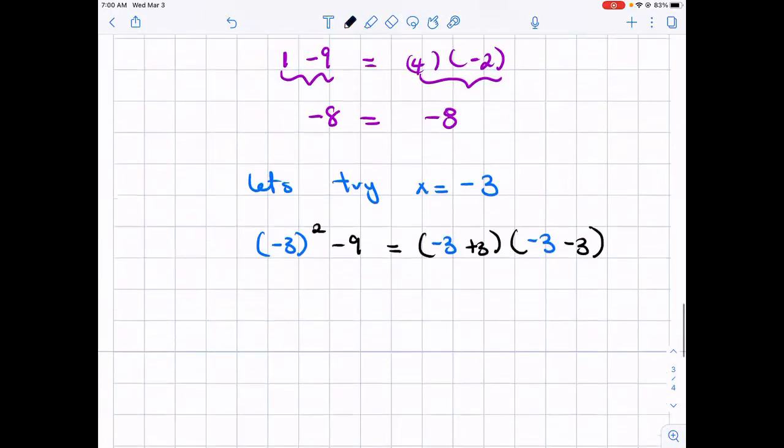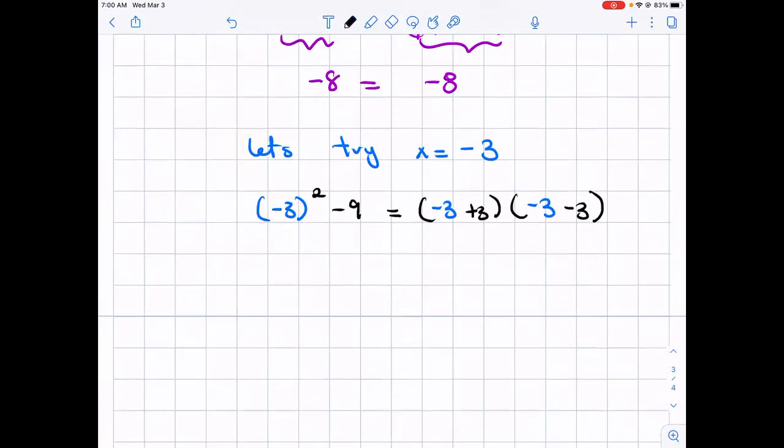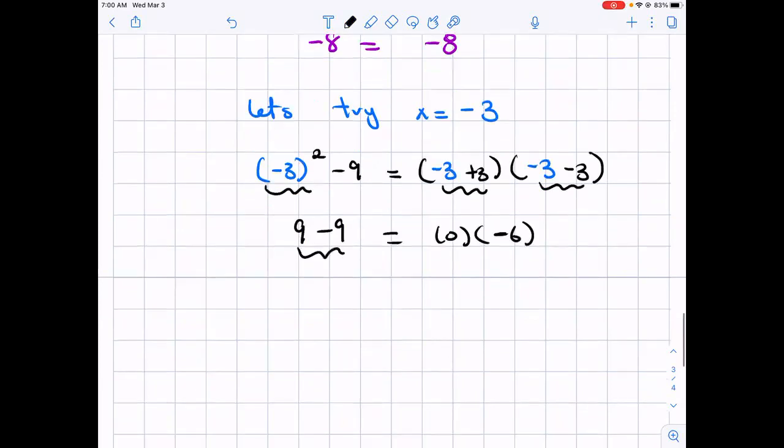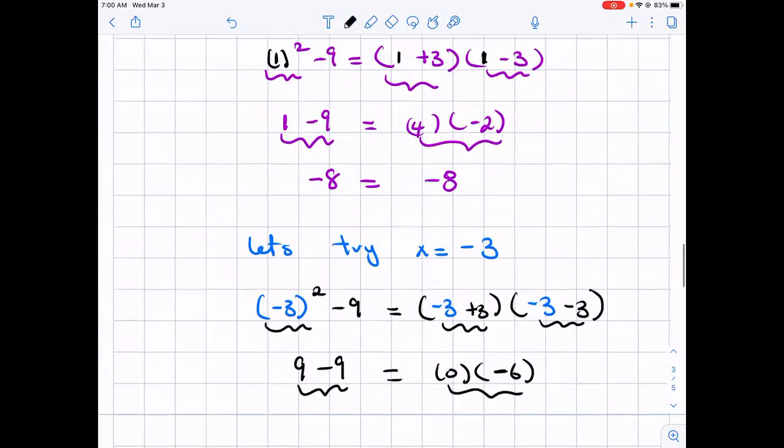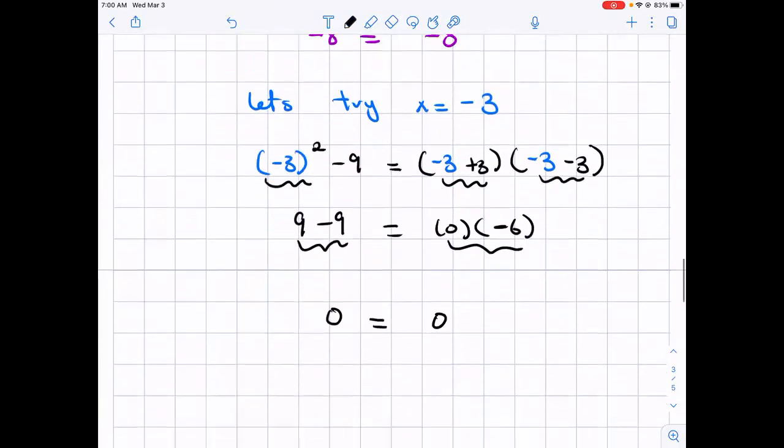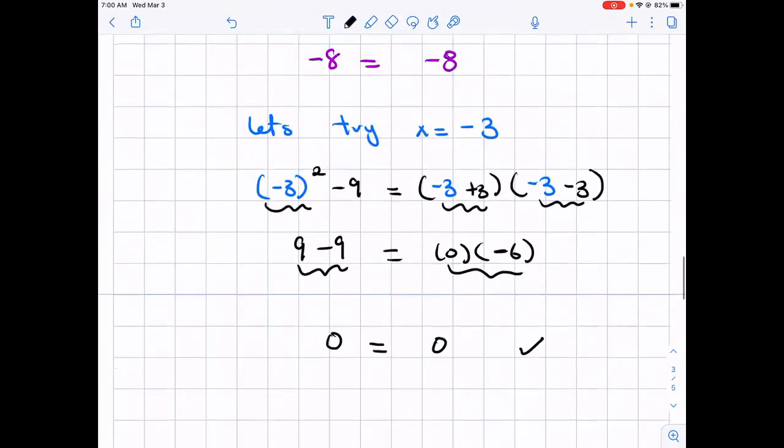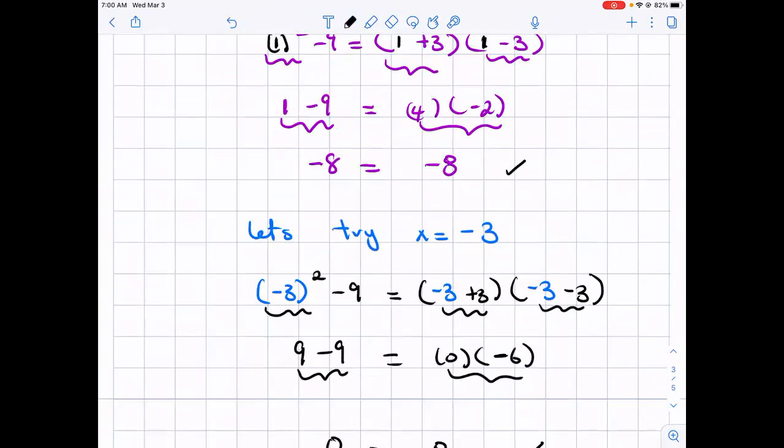I'm plugging in negative 3 for all the x values. Now, if I simplify, this becomes 9 minus 9 equal to minus 3 plus 3, which is 0, times minus 3 minus 3, which is minus 6. And 9 minus 9 is 0, and 0 times any number is 0. So this also checks. This is a true statement.